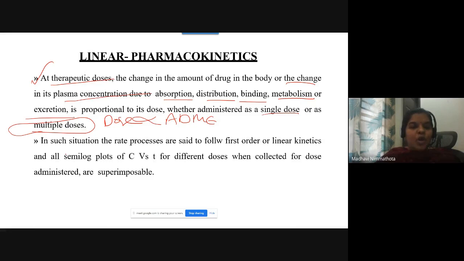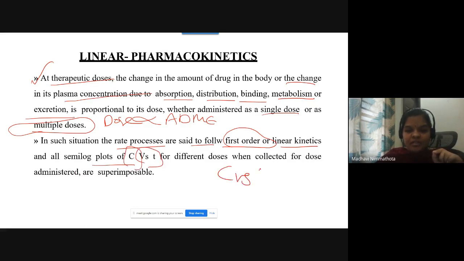In such a situation, the rate processes are said to follow first order kinetics or linear kinetics. When you take the pharmacokinetic values, or the C versus T differences at different doses, they are superimposable.